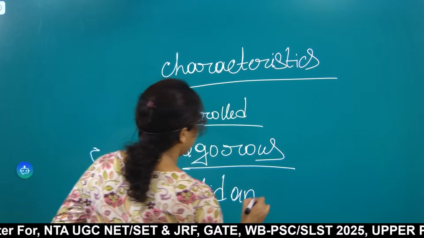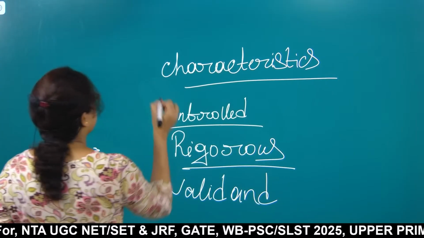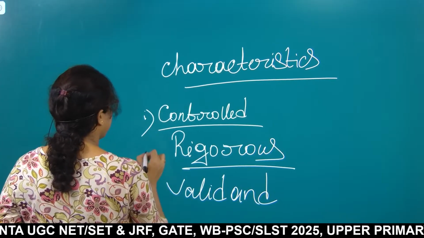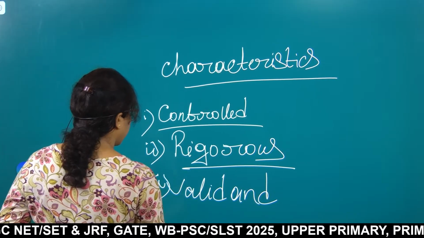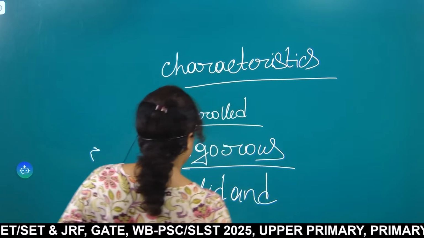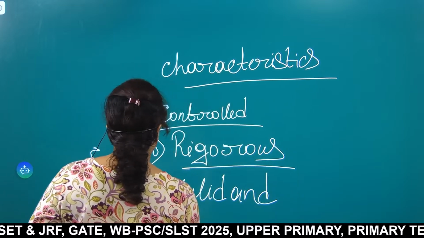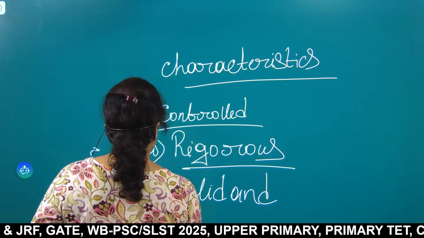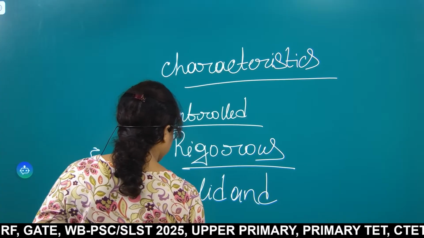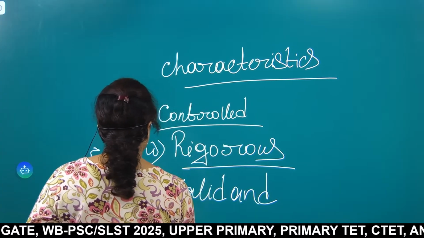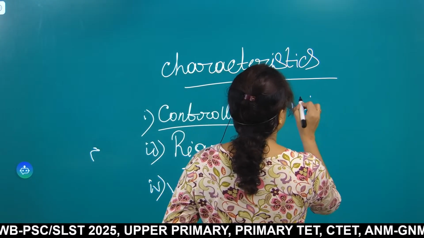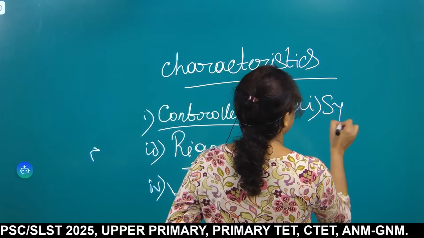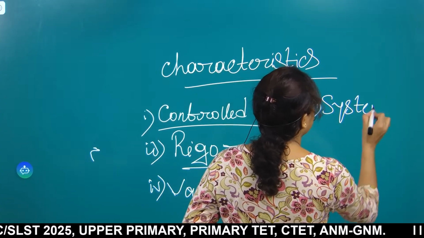Okay, no, it's not 3. Yes, it is 4. It should be valid and verifiable. 3 is systematic, right?